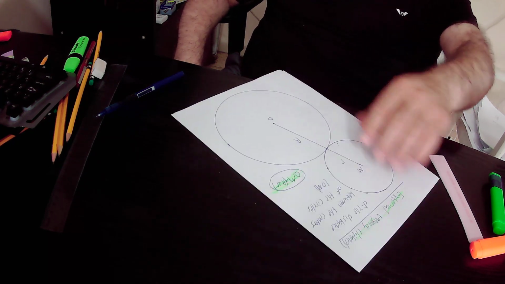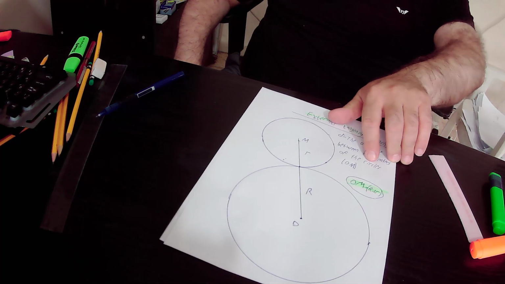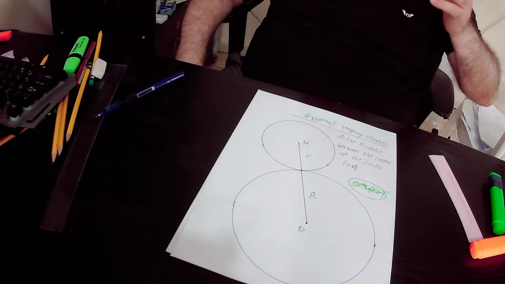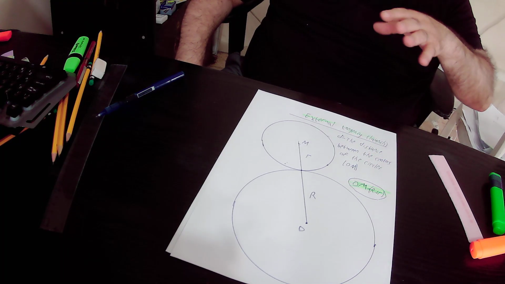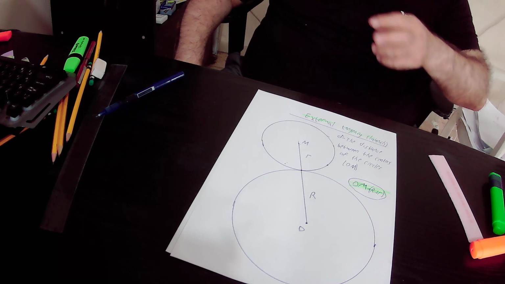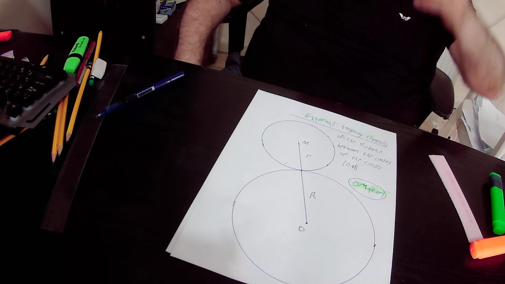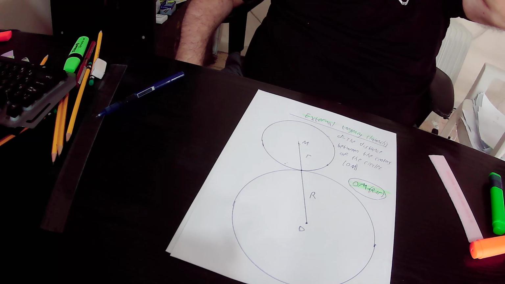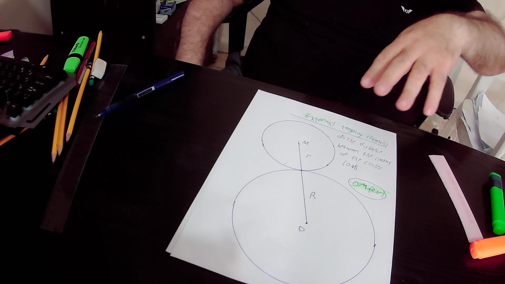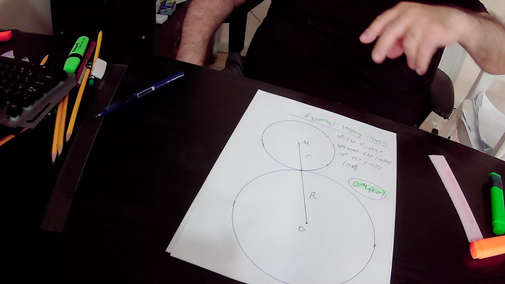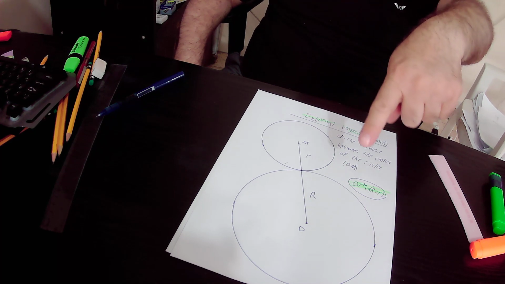Actually, two circles can touch each other in two different ways. The first type of tangency is when the two circles are touching each other externally, like in this drawing.